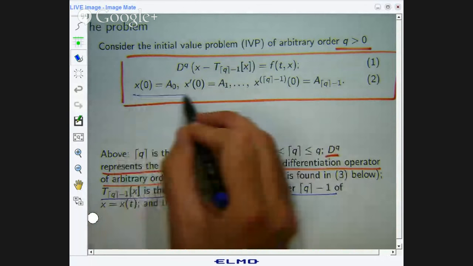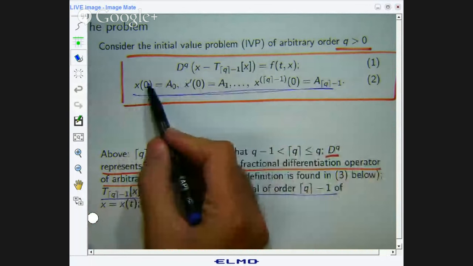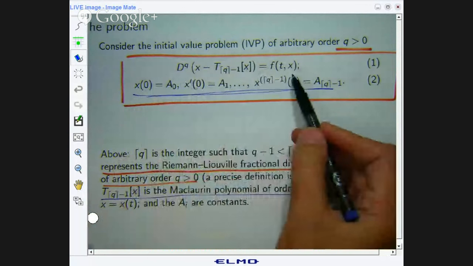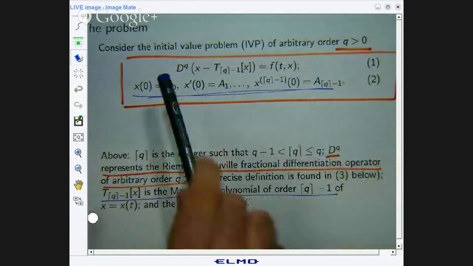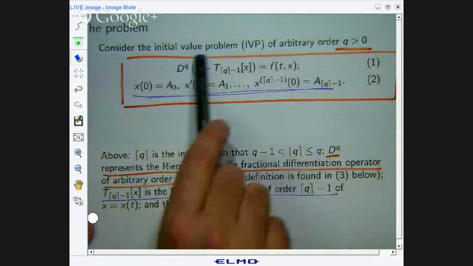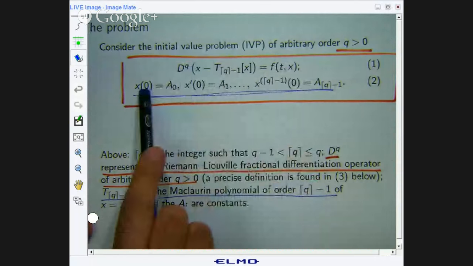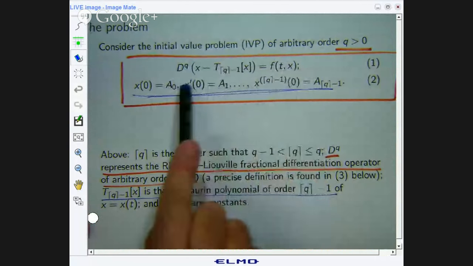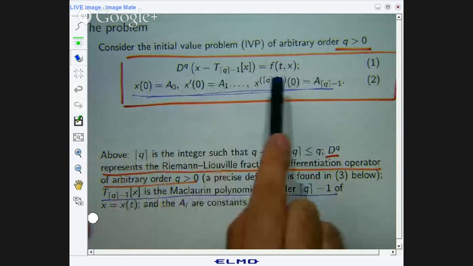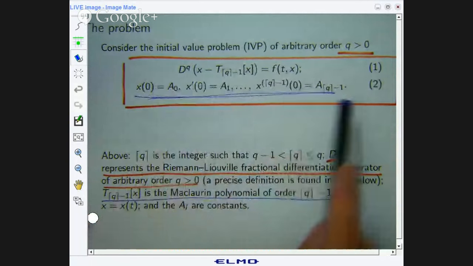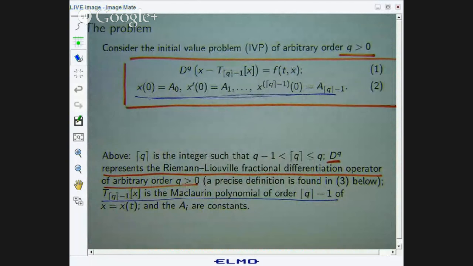And you'll see here in the bottom row, you've got regular order derivatives. So you've got a fractional differential equation in part 1, but you've got regular integer order derivatives in part 2.